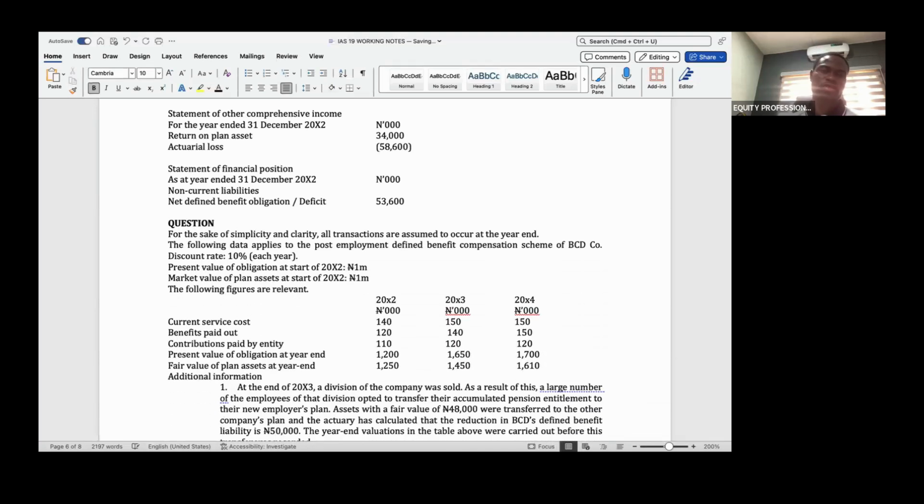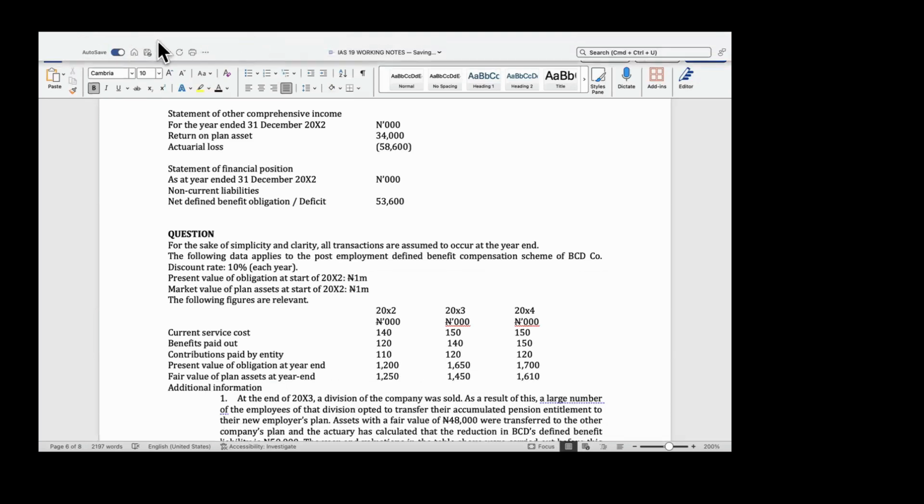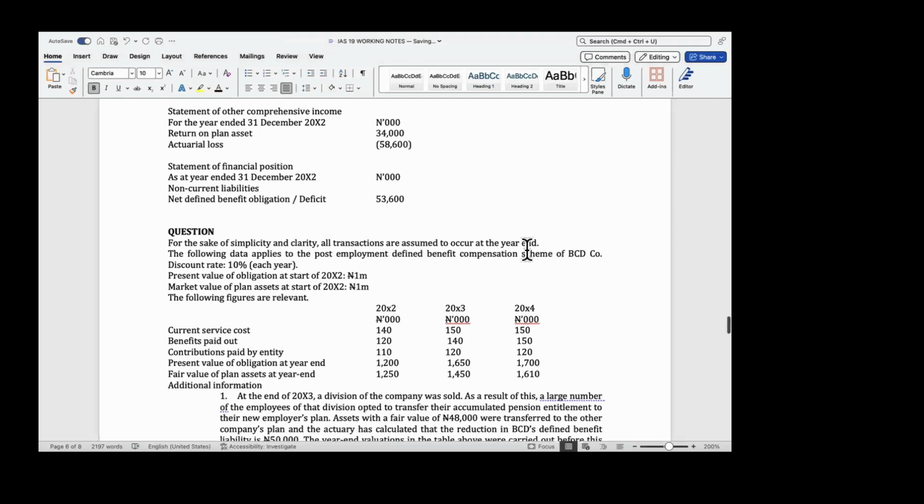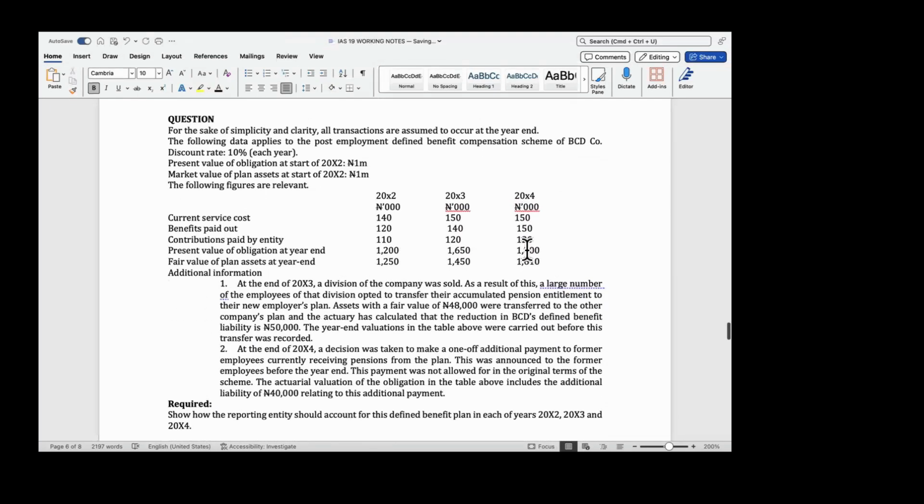Ahmed, please read. Yes, sir. For the sake of simplicity and clarity, all transactions are assumed to occur at the year end. The following data applies to the post-employment defined benefit compensation scheme of BCD company. Discount rate 10% each year.